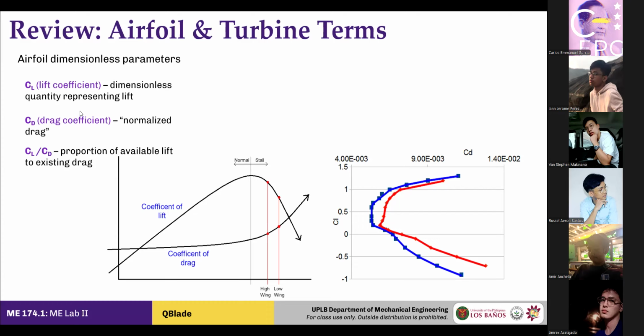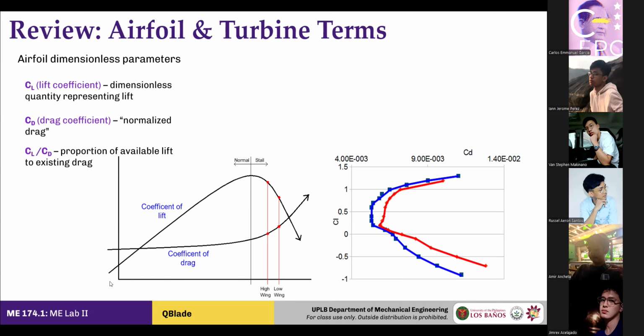So you have the lift coefficient, you also have the drag coefficient, and you also have the CL/CD ratio, CL/CD curve. Sa CL/CD curve, dun mo nakikita kung saan na ma-maximize yung lift. At least.